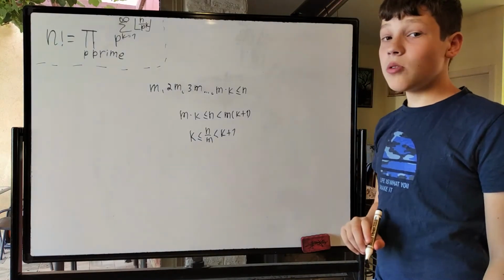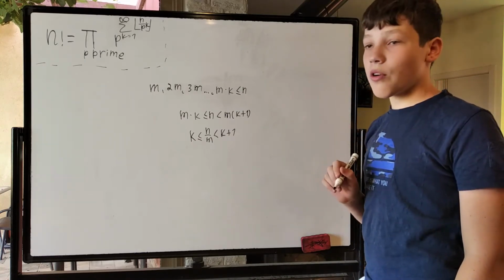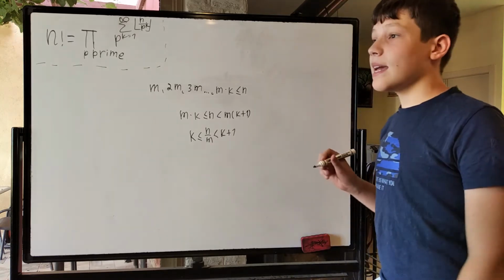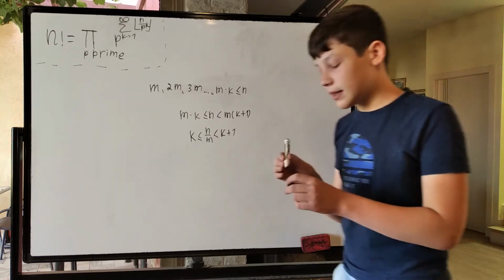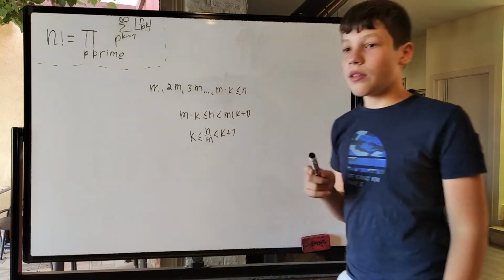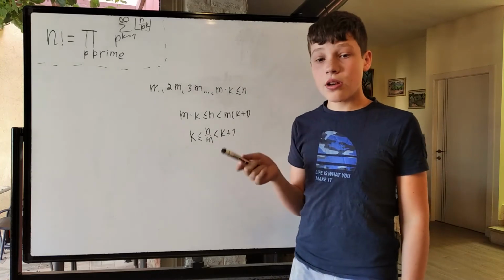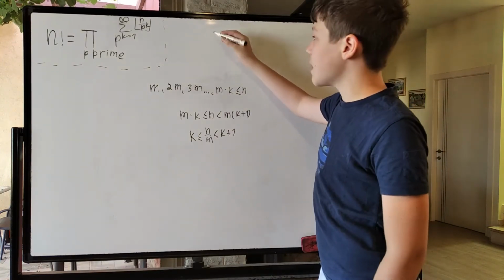Now we can use the floor function. The floor function goes exactly like this. The floor of any number is the biggest integer smaller than or equal to that number.